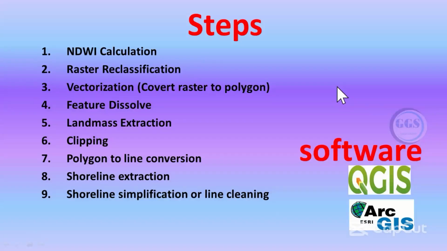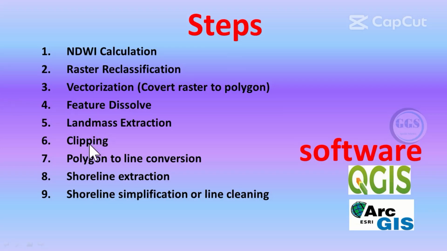So these are the series of steps that we are going to follow to achieve this shoreline extraction from satellite image. The first one is to calculate the NDWI, and the second step is raster reclassification. The third step is vectorization. The fourth one is feature dissolve, and the fifth one is landmass extraction. Actually, under each of the steps, there may be some sub-steps.